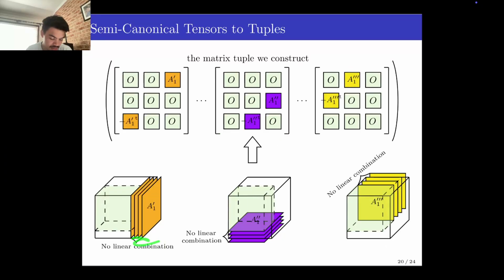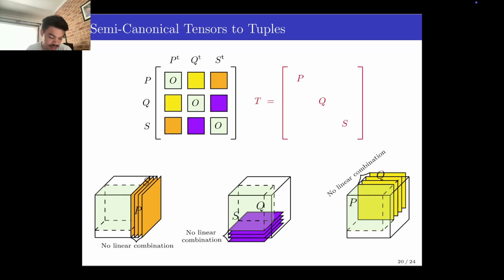So if we take these matrices from the canonical structures and place them into the tuples in the following way, then we can take these P and S matrices here and construct the following invertible matrix out of these matrices.